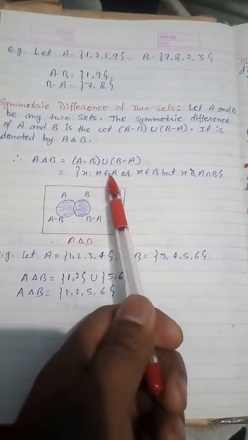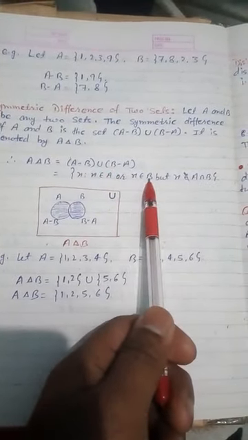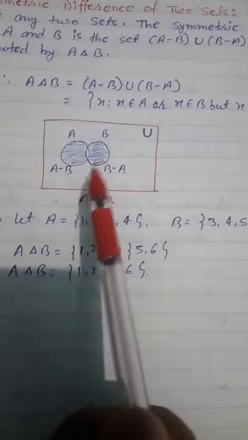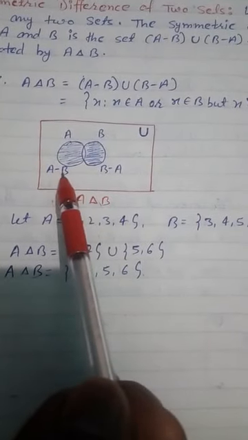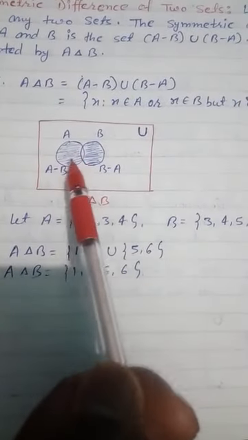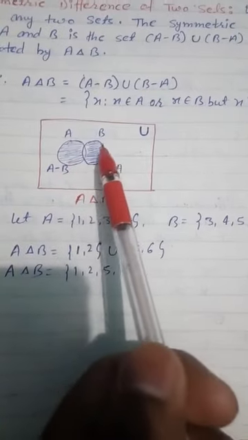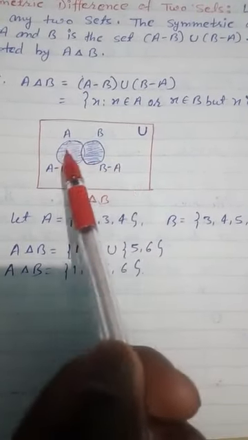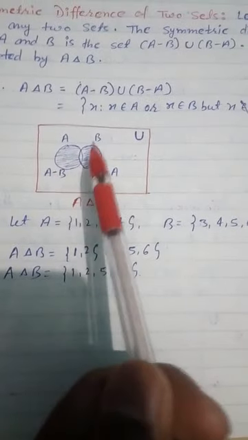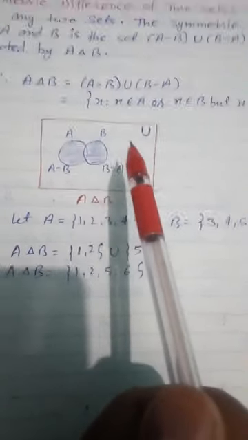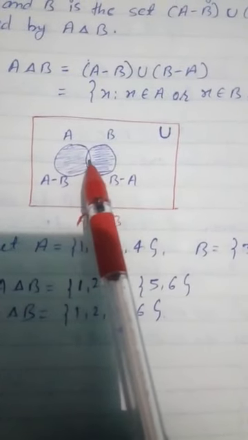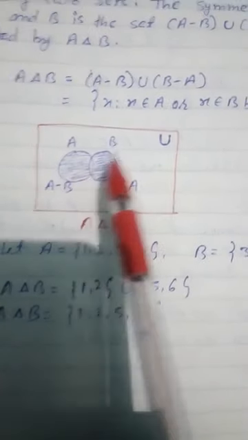It means x belongs to A or x belongs to B, but x doesn't belong to A intersection B. In the Venn diagram of A symmetric difference B, the shaded regions are A minus B and B minus A. The union of these two sets is known as A symmetric difference B, meaning this middle portion does not belong to A symmetric difference B.